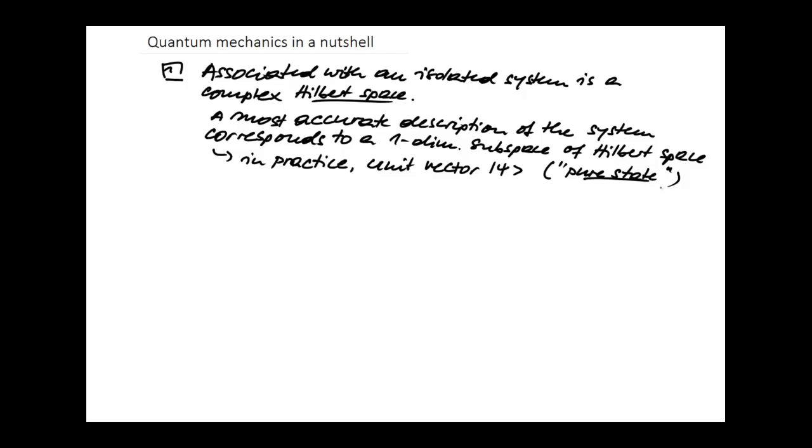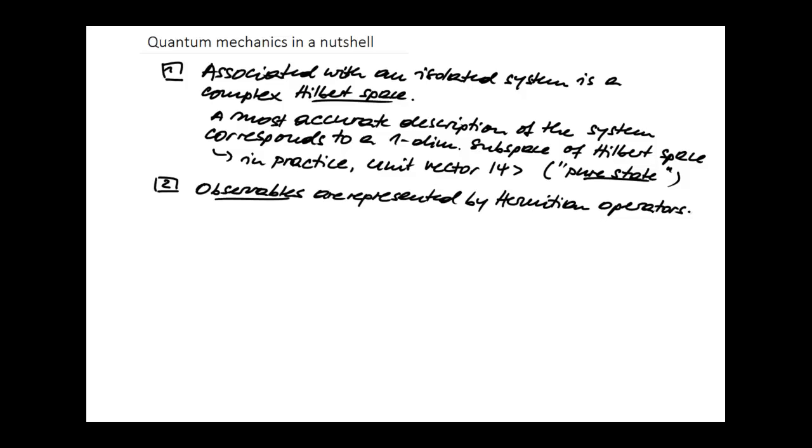Next, we should talk about observables. Observables are represented by Hermitian operators acting on this Hilbert space. Now, a Hermitian operator has a so-called spectral decomposition.